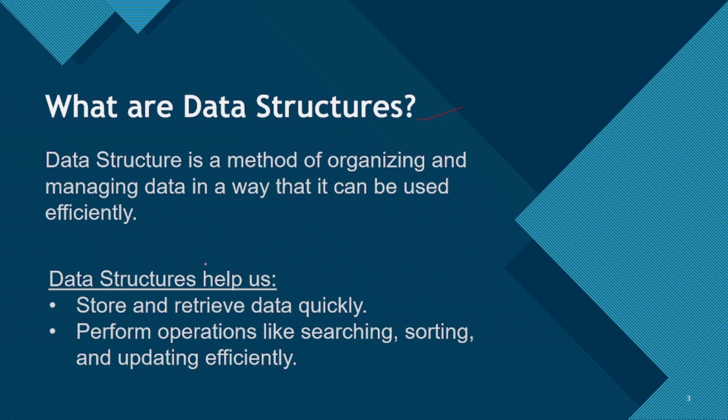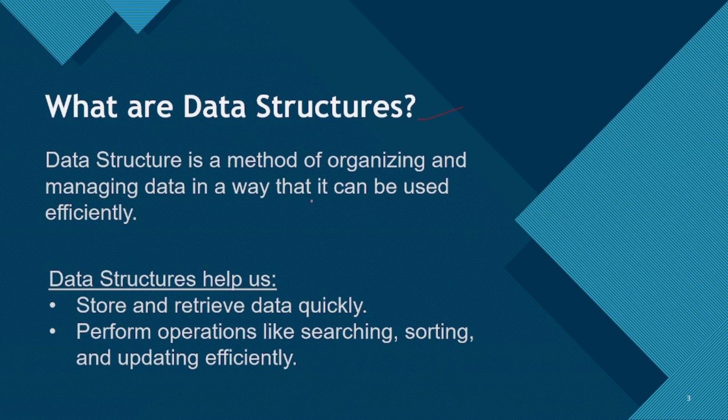Data structures help us to store and retrieve data quickly, and to perform operations like searching, sorting and updating efficiently. For example, when you scroll through your phone contact list, it is arranged alphabetically. That's a simple example of a data structure at work.